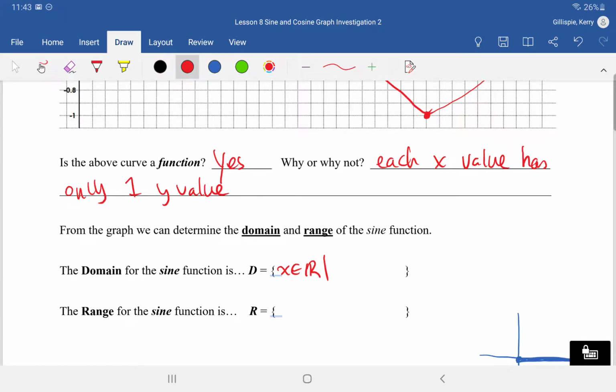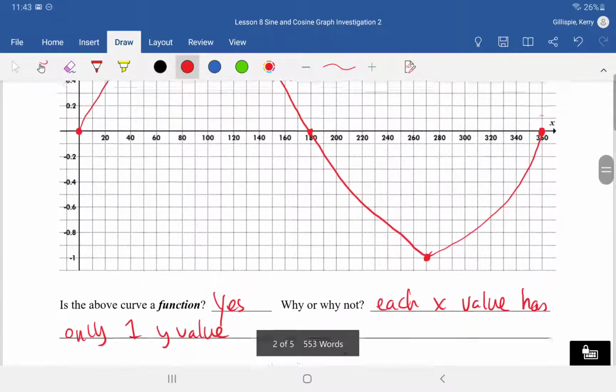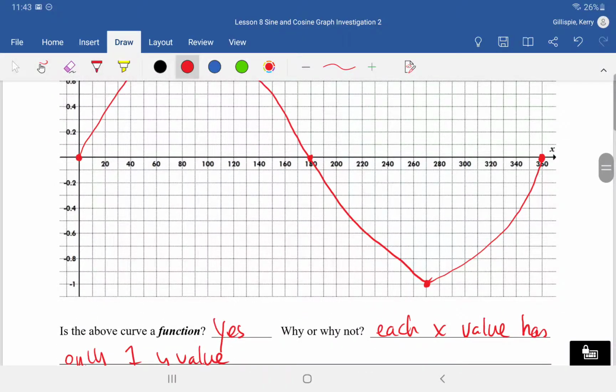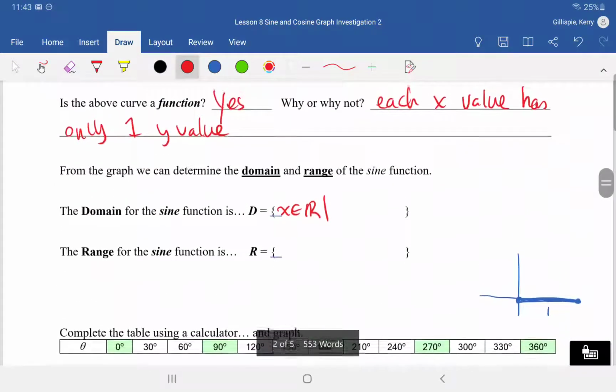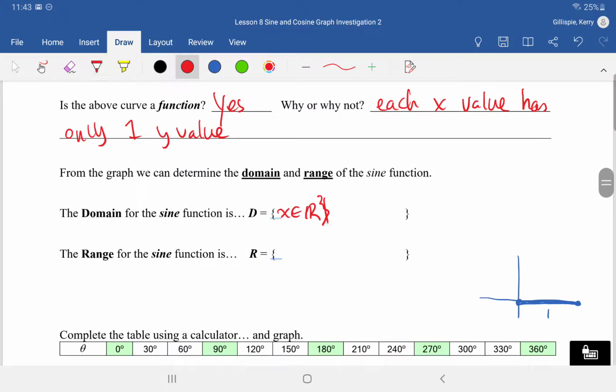But you can do the sine of any angle you want. So x belongs to all reals. And actually, even though we just went 0 to 360, because it keeps on going, that's all you need. Okay, so you can close your squiggly bracket there.